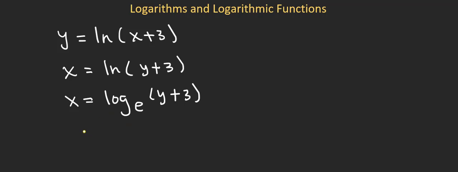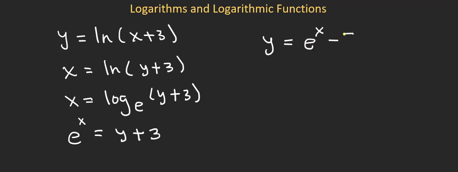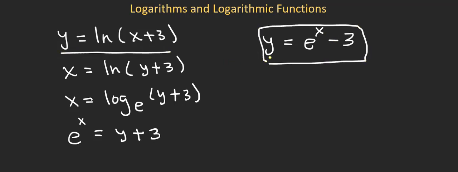It's going to be base e to the x, since logs are exponents, equals y plus 3. And solve for y. What is y? y equals e to the x minus 3. So the inverse of this function will be e to the x minus 3.